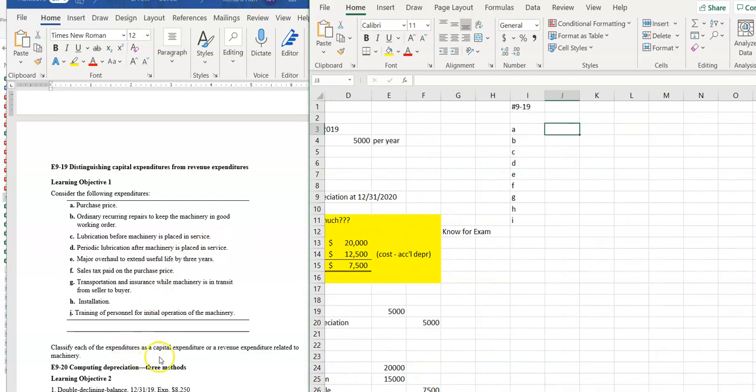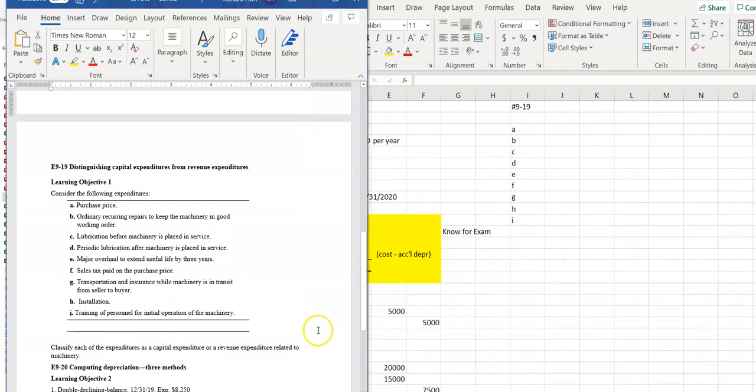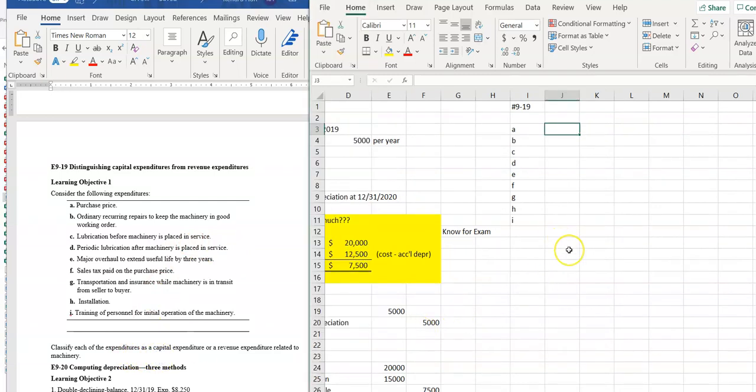Classify each of the expenditures as a capital expenditure or a revenue expenditure related to machinery. All right, purchase price. That would be a capital expenditure. It would go up on the balance sheet. Expenditure just means that you spent some money, and then you're either going to classify it as an asset, which is a capital expenditure, or you're going to expense it, which is a revenue expenditure.